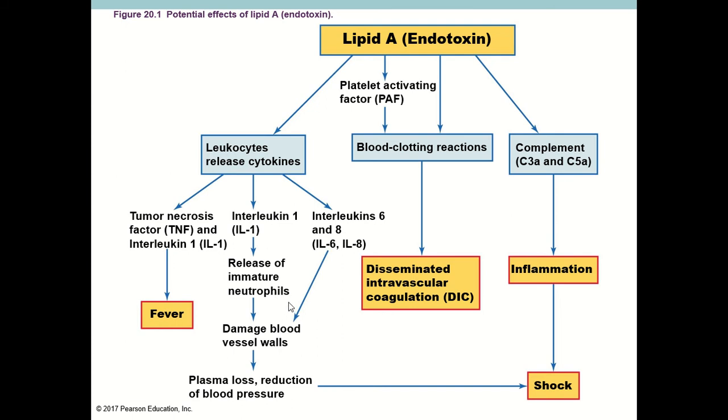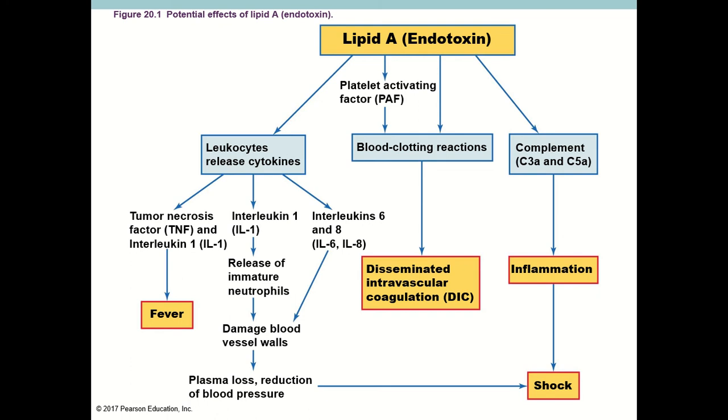So ultimately, if that happens chronically, these blood vessels are going to become damaged, leading to a subsequent reduction of blood pressure. Now, let me get into more specifics on how blood pressure is reduced there.